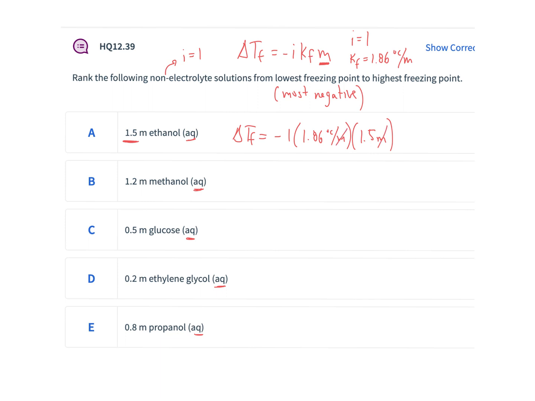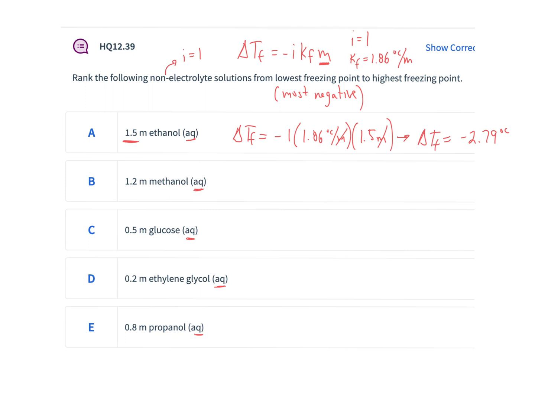I multiply, molality cancels out, and my change in freezing point for this solution should be approximately negative 2.79 degrees Celsius. So I would say that the 1.5 molal ethanol solution would have the lowest freezing point.